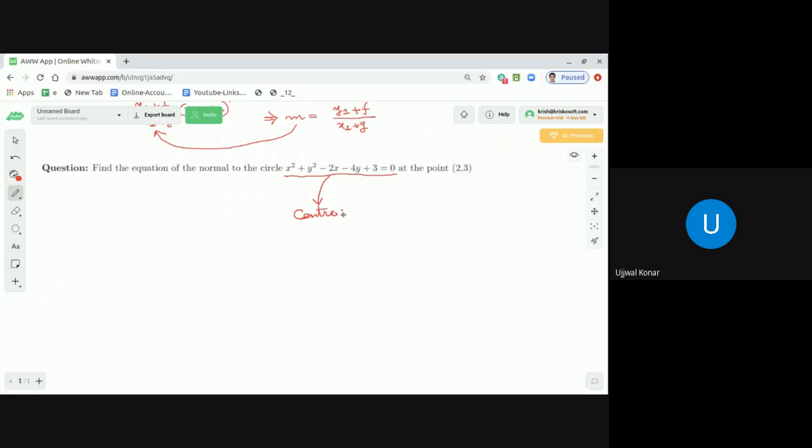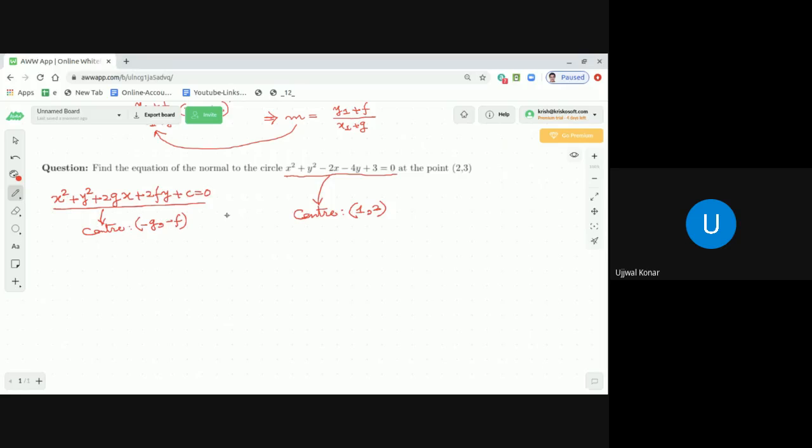The center has coordinate minus g, minus f. So it should be 1 comma 2. I hope it is very well understood, dear students. I don't need to repeat it, because if I give you a side discussion, x square plus y square plus 2gx plus 2fy plus c equal to 0 has its center at the point minus g comma minus f.